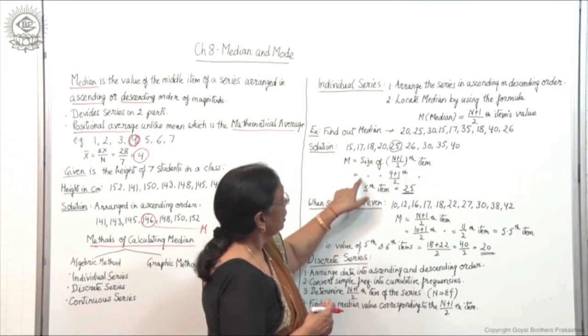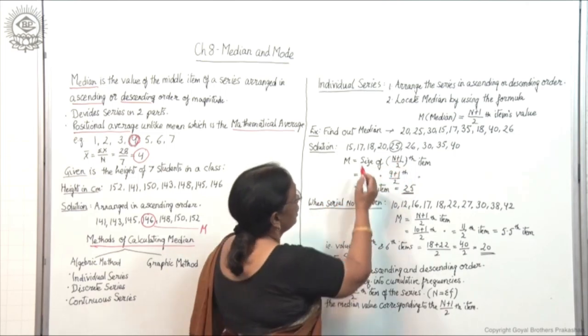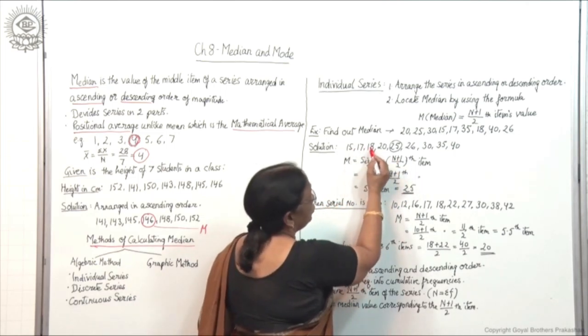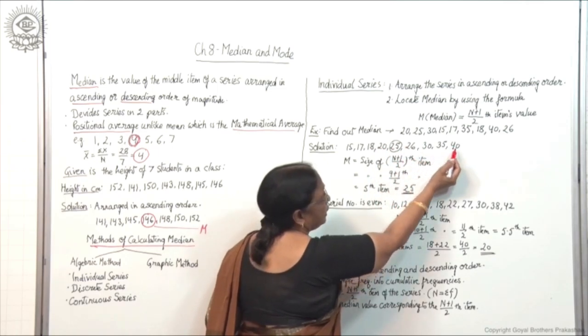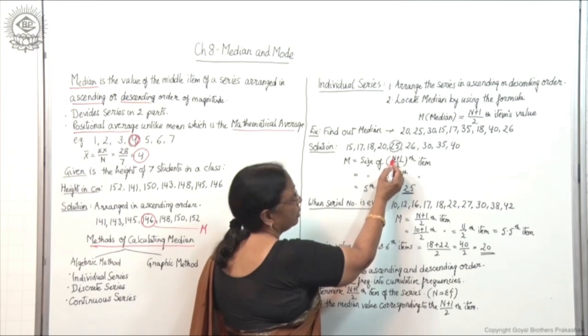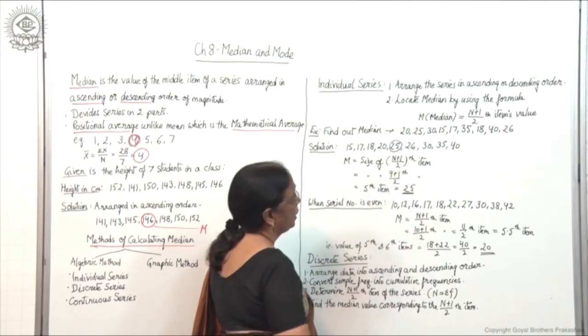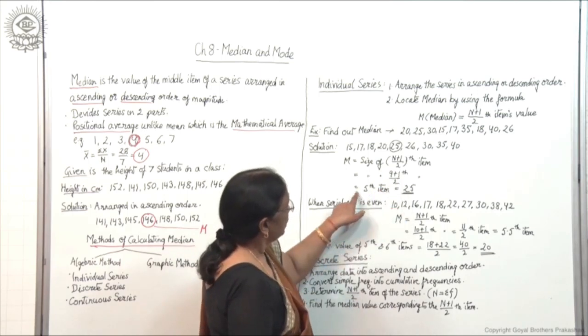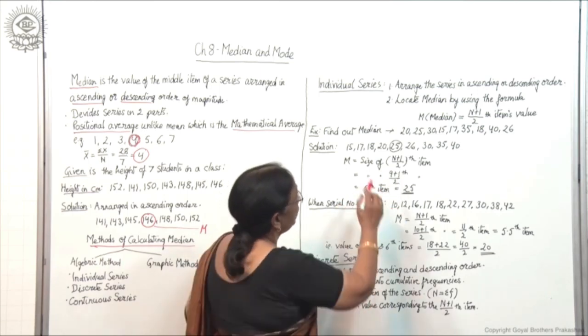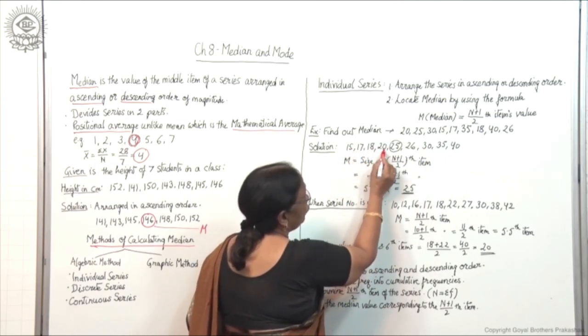Now here n is 9: 1, 2, 3, 4, 5, 6, 7, 8, 9. Total 9 items here. So n will be (9 plus 1) upon 2 th item. Now this is fifth item. Now here you have to find out which is the fifth item. 1, 2, 3, 4, 5.